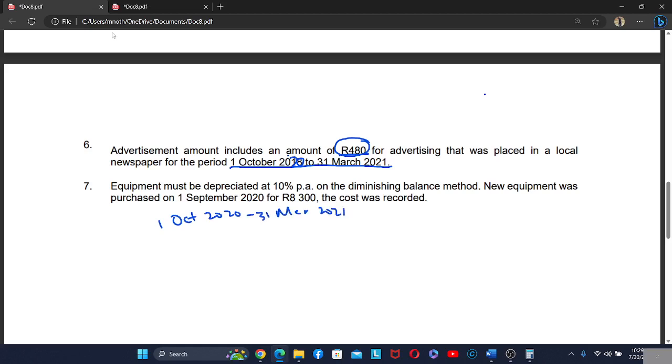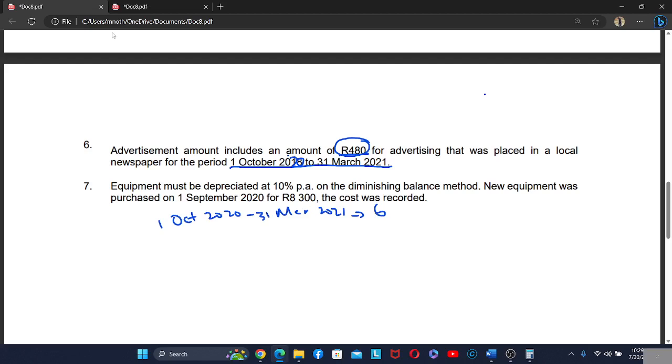But then our year ends on 28 February. Remember that. Now, actually, this advertising of 480 is actually for how many months? From 1 October to 31 March 2021. It's October, November, December, January, February, March. It's for 6 months, right?